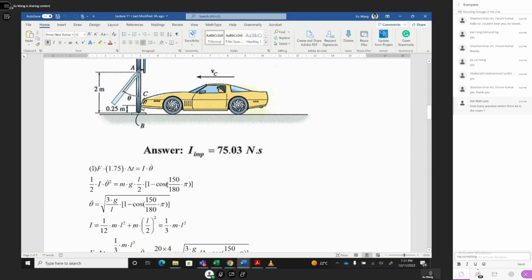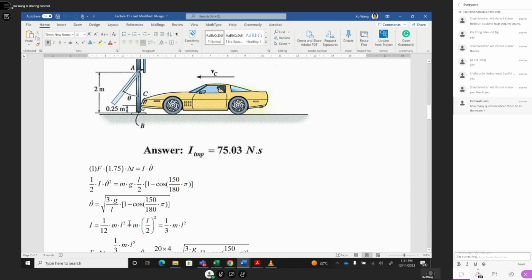This gravity potential energy should equal this rotational kinetic energy. From this relationship you can solve for theta dot. Cancel the half.